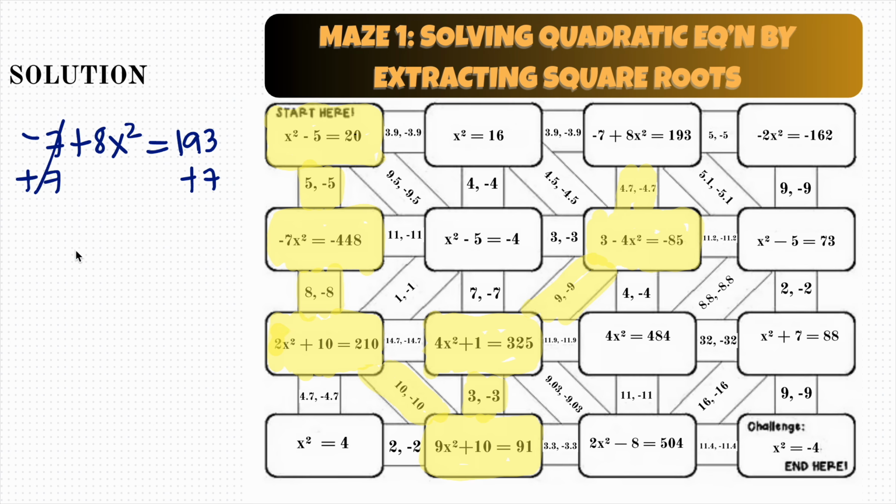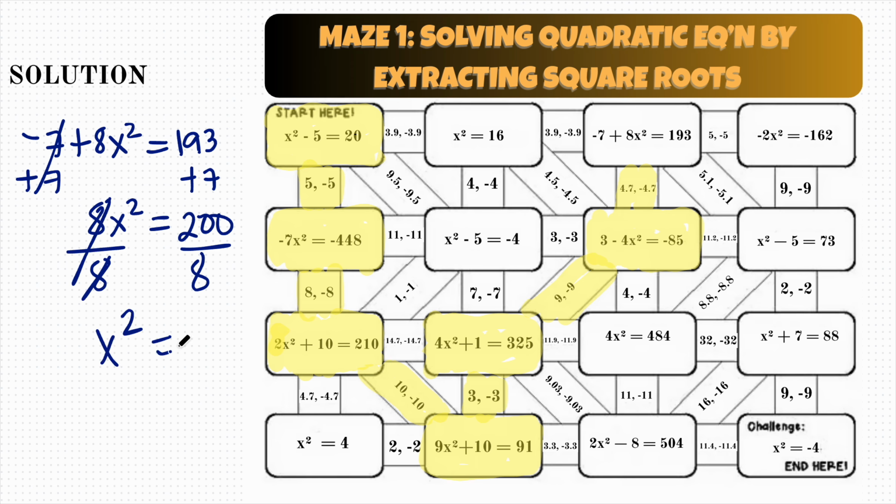We cancel negative 7 here, and the remaining would be 8x squared equals 193 plus 7, which is 200. So 200 divided by 8 is going to be 25. Go ahead and check. If you divide 200 by 8, the answer must be 25.